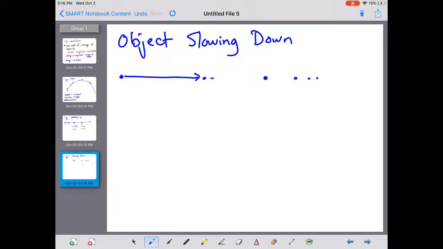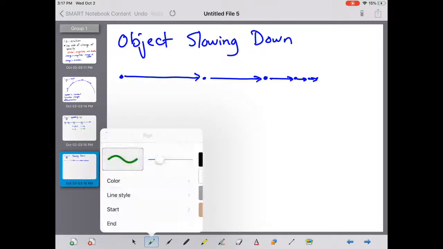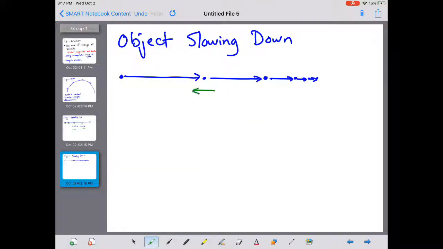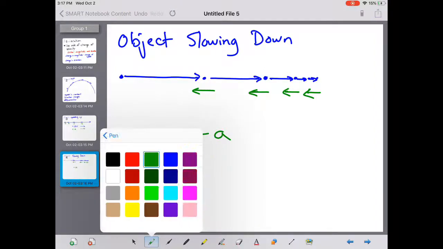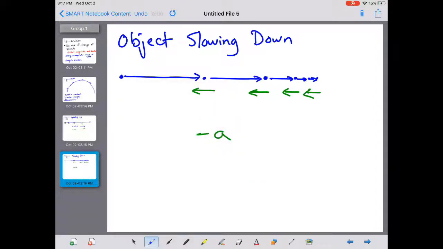We're still moving to the right, still moving in the positive direction, but now we have an acceleration in the opposite direction because we are slowing down. So we have a negative acceleration because we have a negative change of velocity. Our velocity is to the right, our acceleration is to the left, therefore we slow down.